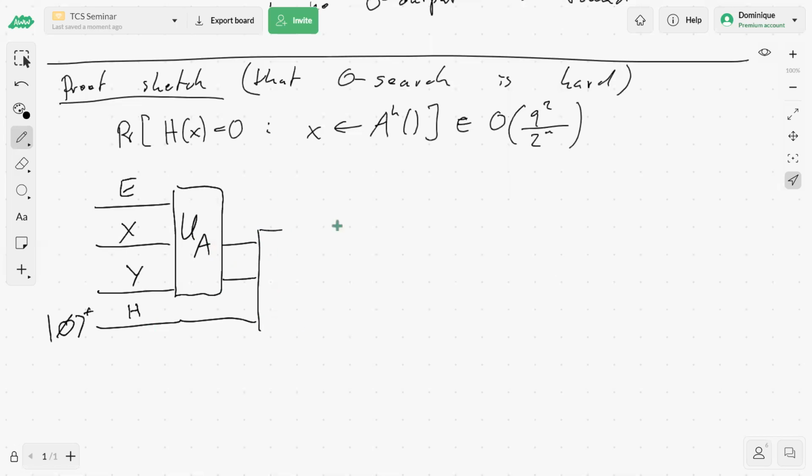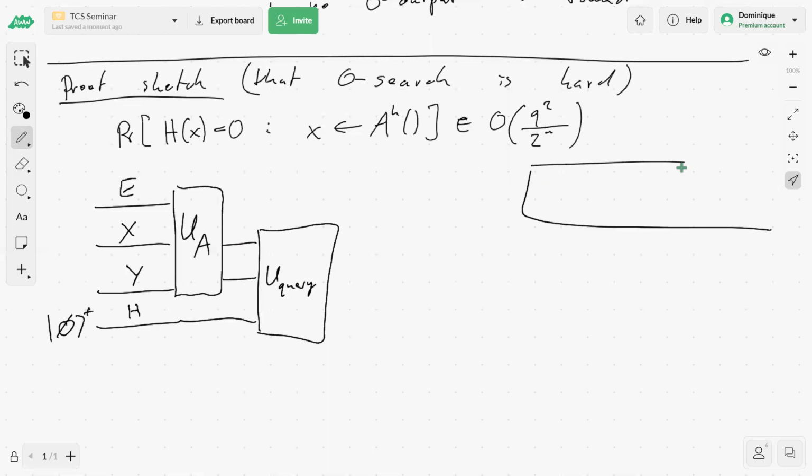Oracle query means we run uQuery on X, Y, and H. So what uQuery does, we know precisely. So let me remind you, it maps X, Y, H to X, Y XOR H of X, H. And that's what this does.